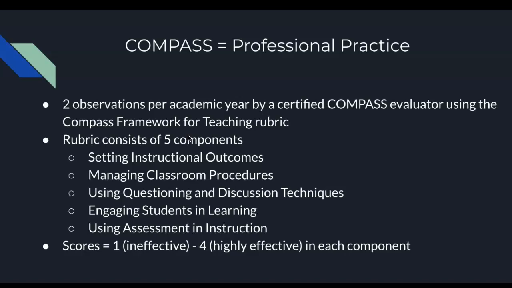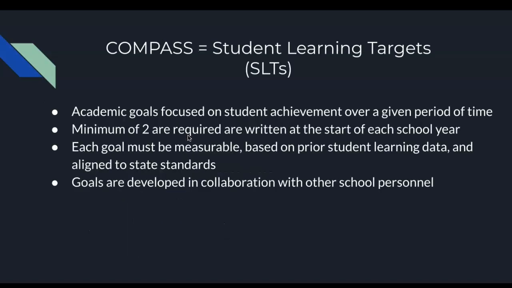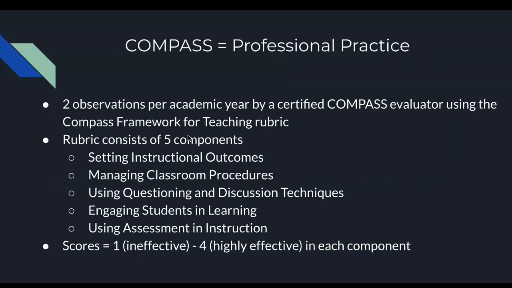But these ideas of setting outcomes, that's your objectives, procedures, that's your classroom management, questioning and discussion techniques, that is your actual instruction, engaging your students, that's also in the NIET rubric, and using those assessment techniques. So you'll see that the professional practice circle of Compass, remember the other circle is those SLTs, the 2 student learning targets that you set for your students. So the professional practice is really a whole lot like the NIET rubric.